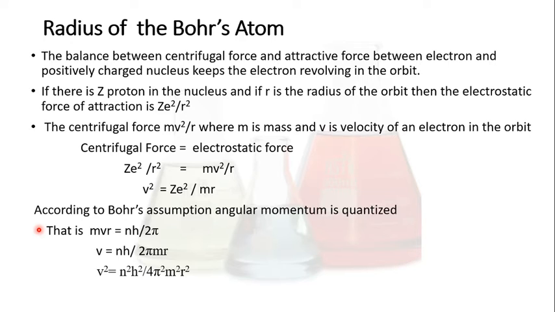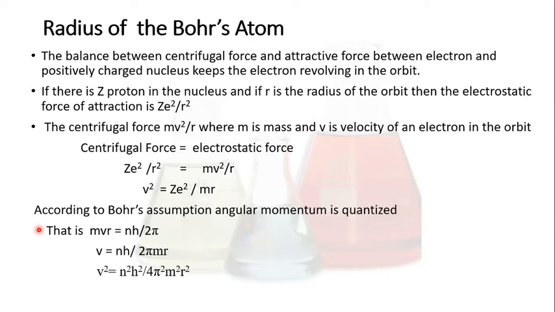If there are Z protons in the nucleus, and if r is the radius of the orbit, then the electrostatic force of attraction is given by Ze²/r². It depends on the number of protons. We know that protons are positively charged, so the more the Z, the more the attraction.